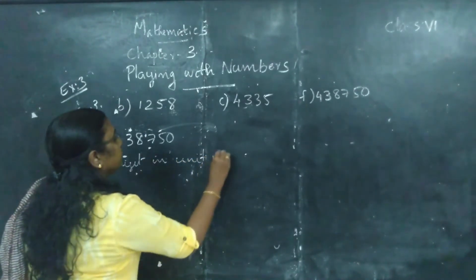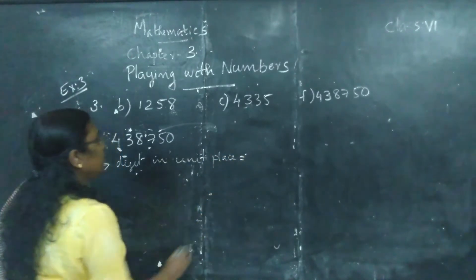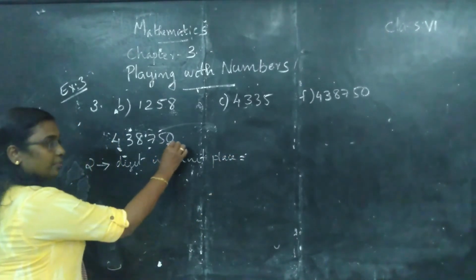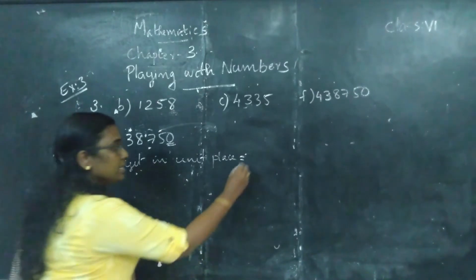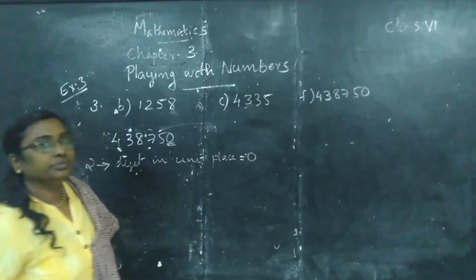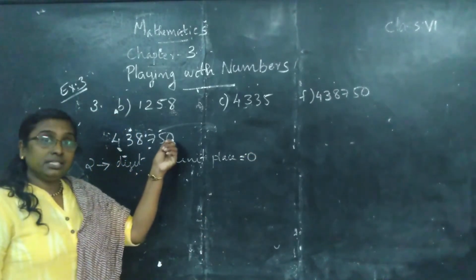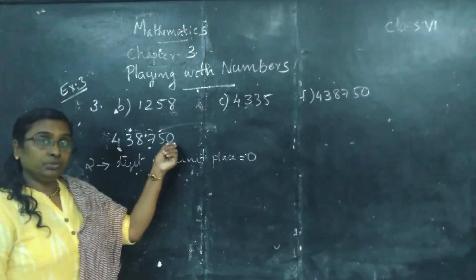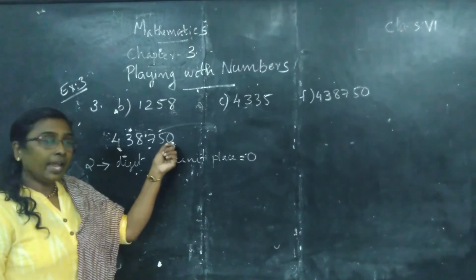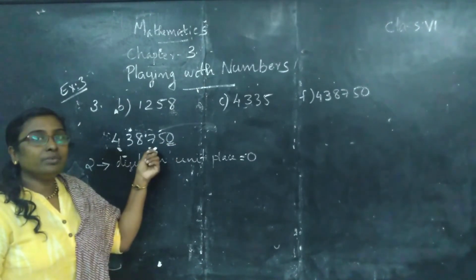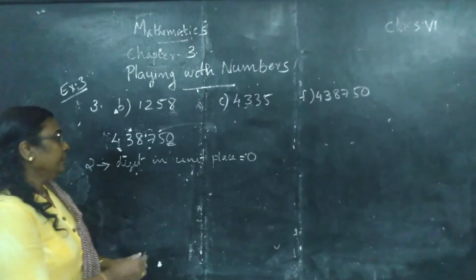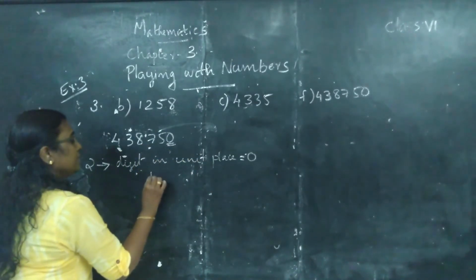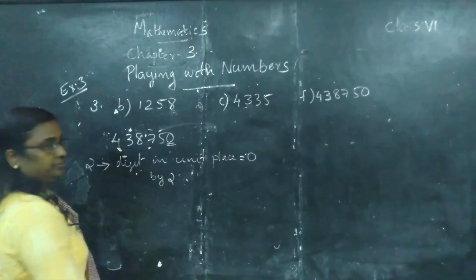Tell me, what is the digit in the unit place? This is the unit place. The digit in the unit place is 0. If the digit in the unit place is 0, 2, 4, 6 or 8, the given number is divisible by 2. Here it is 0. Therefore, this number is divisible by 2.